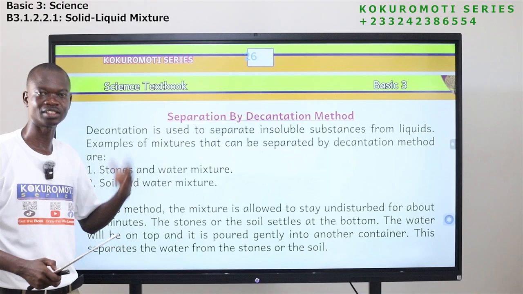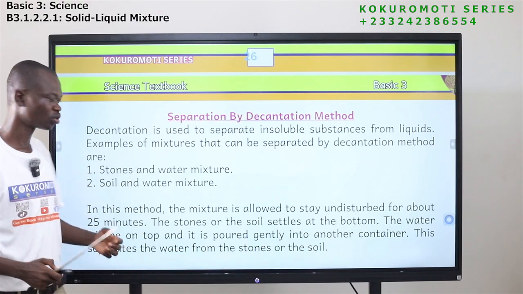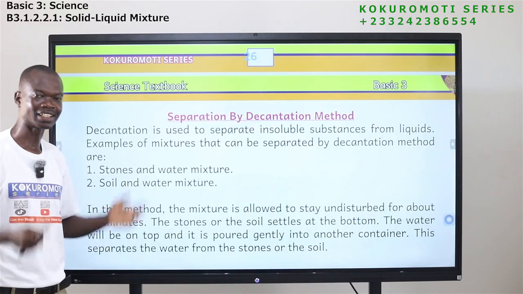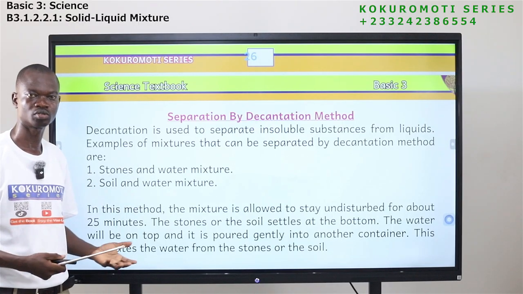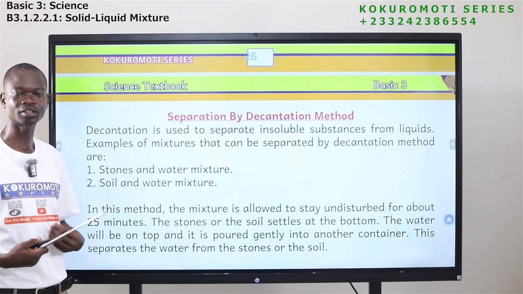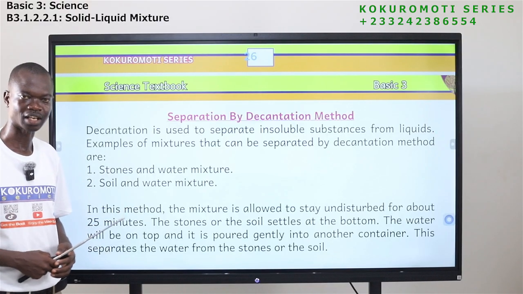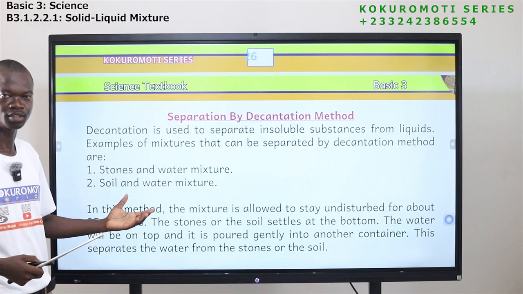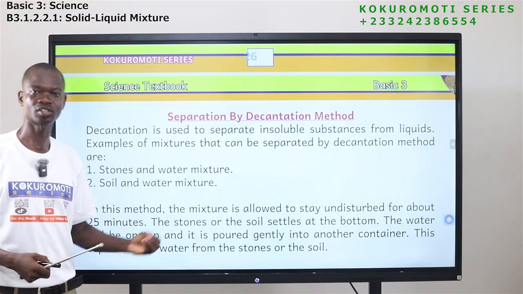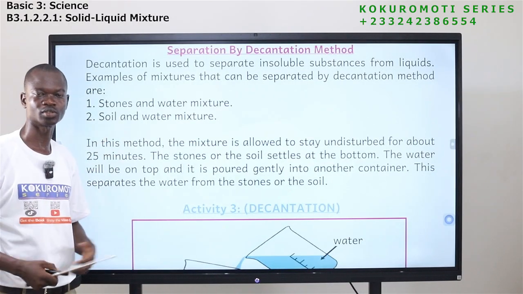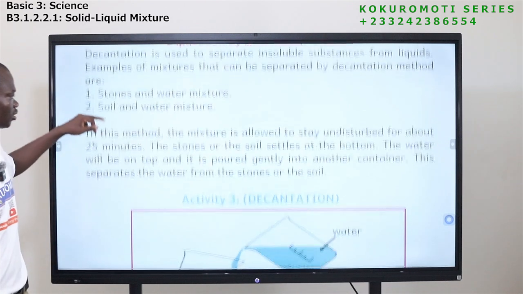It cannot be what? Dissolved. So if you have stone and water, there is no way the water can dissolve the stone. So if you need your stones separated from the water, you use this method because stones are insoluble. The same applies to soil. Soil too is what? Insoluble.